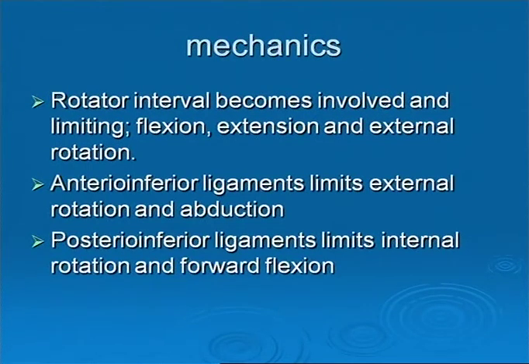When the rotator interval is involved, it might limit flexion, extension, and external rotation. The anterior inferior part of the ligament limits external rotation and abduction, and the posterior inferior ligament limits internal rotation and forward flexion.